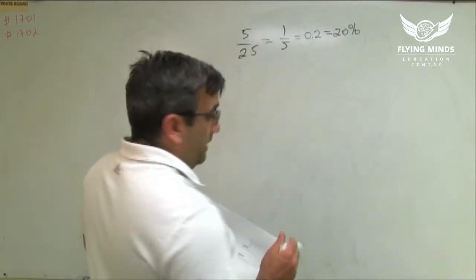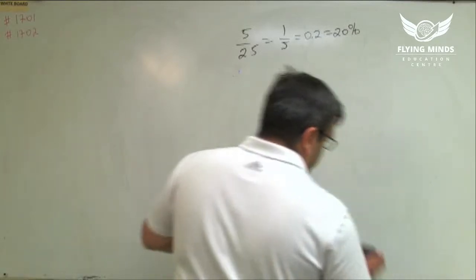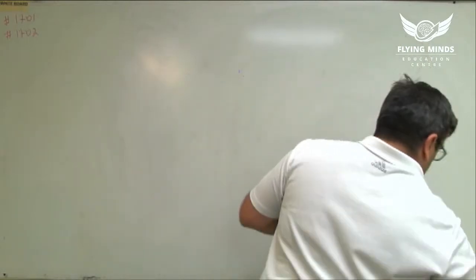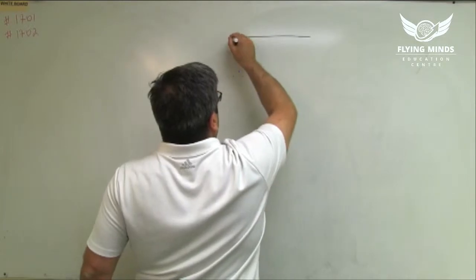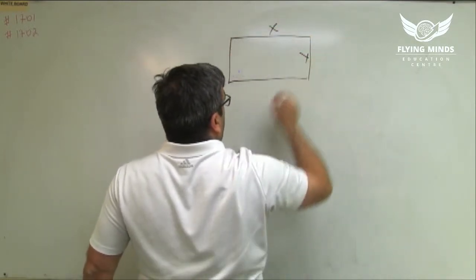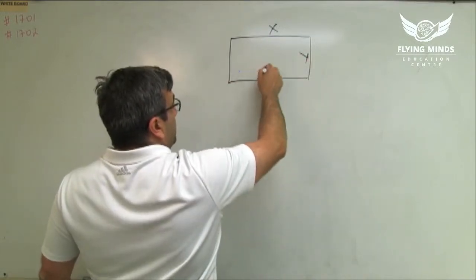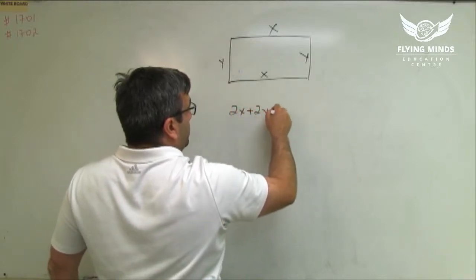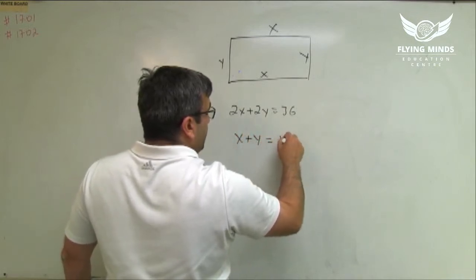Okay, so what we need to do here: the sides are x and y, so the perimeter is 2x plus 2y equals 36. That means x plus y equals 18.